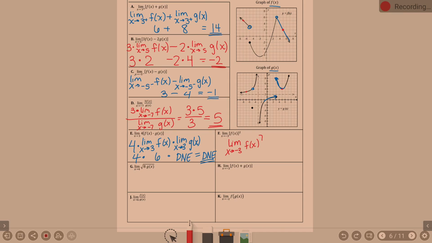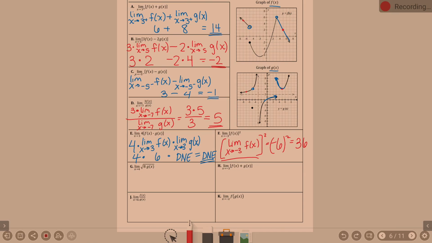We're going to get that whole limit, and then we're going to square it. -6 squared. And do we have to rewrite into the other rule? Not necessarily. It's good to know, but I don't know that you necessarily have to.